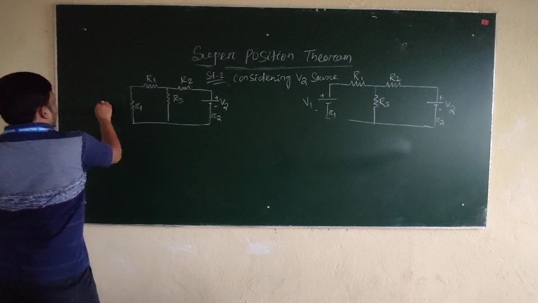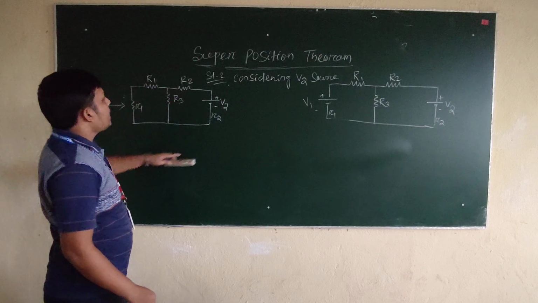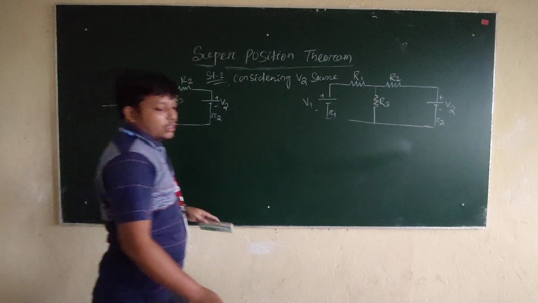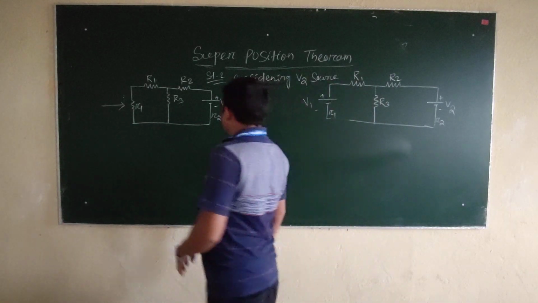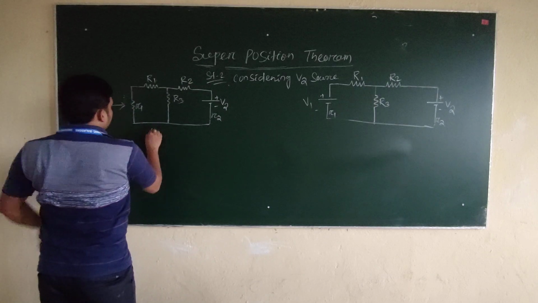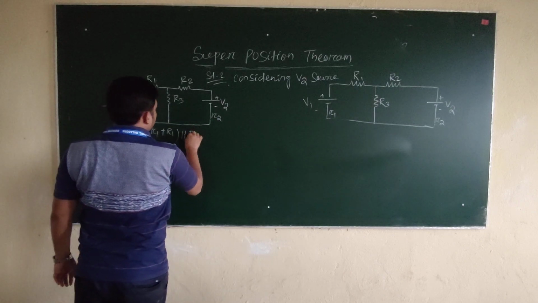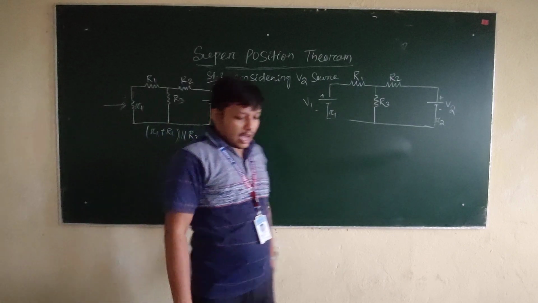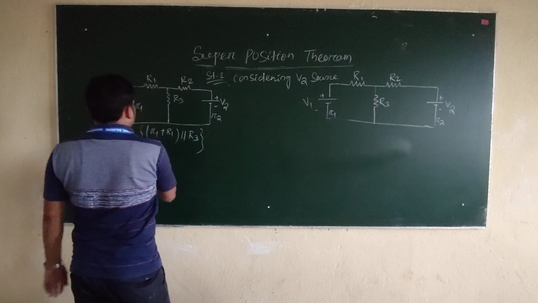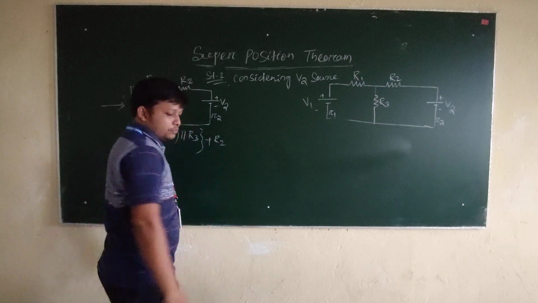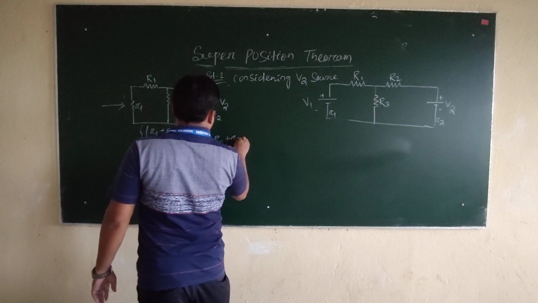Likewise we have to take the total or equivalent resistance for this circuit by considering the voltage V2. From this side, R1 in series with R1 parallel with R3, whole in series with R2 and small r2.